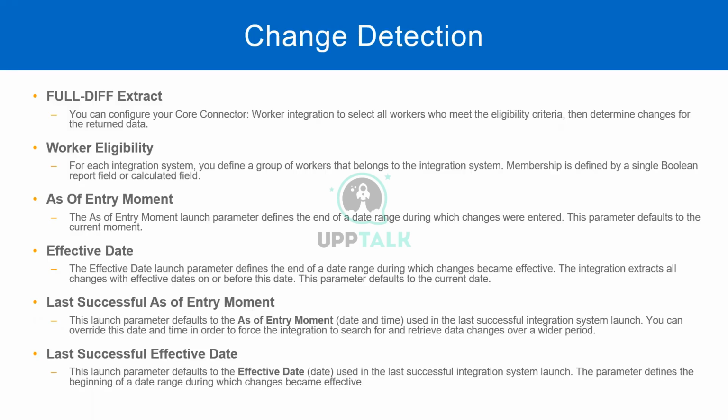For example, you are creating a connector to ADP. You are configuring a core connector. You want to send the file to ADP. Now ADP is your payroll vendor for North America, let's say. So then will you include the workers who are not in North America?